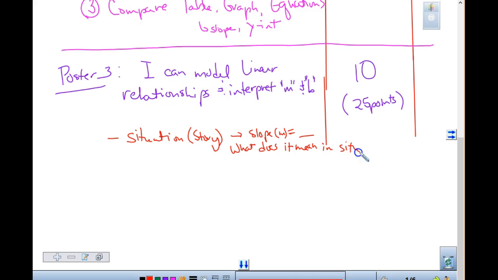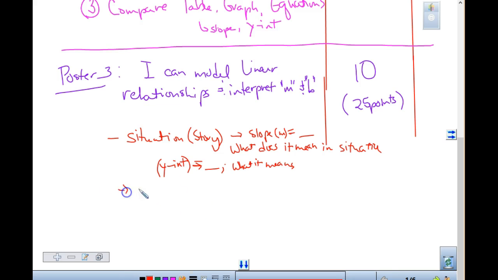Stephen, you writing this down or not? Yeah, I do. I will also ask you, what is that y-intercept in that situation? So if you're thinking about E12, what does that y-intercept mean? So you'll say y-intercept equals, you'll tell me a number, then you'll explain what it means, okay? You will have a story and a graph. And again, you will have to explain, what does the slope mean, what does the y-intercept mean, and write the equation.